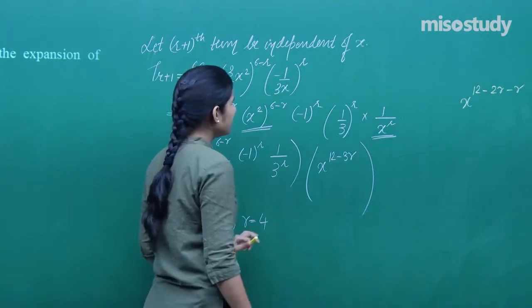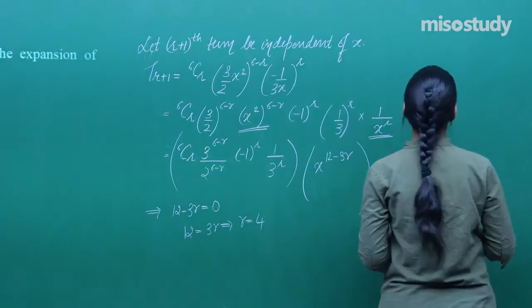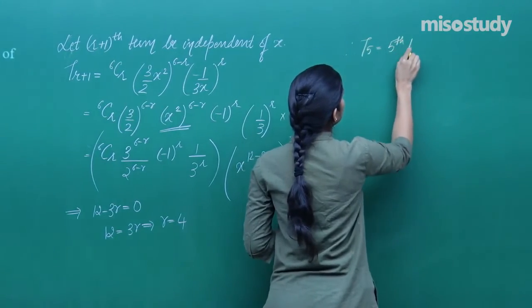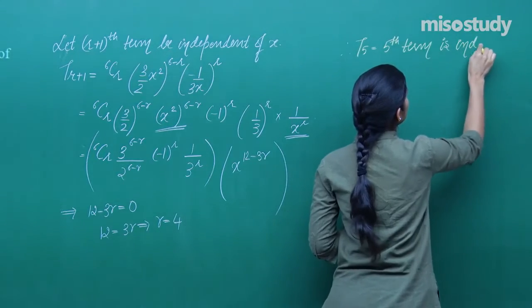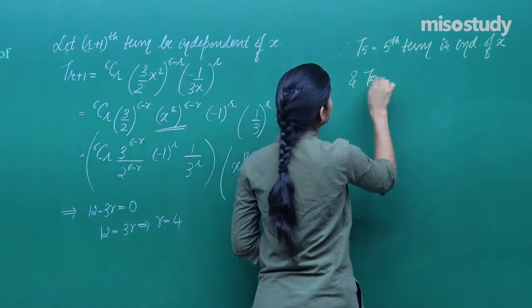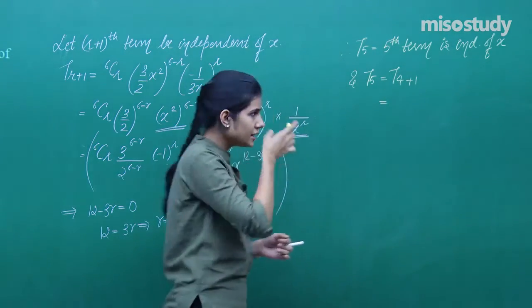Question is find the term independent of x. We have found the term, it is actually T4 plus 1. The fifth term is independent of x in this expansion, and the fifth term, that is T4 plus 1. Just in place of r you need to write 4.